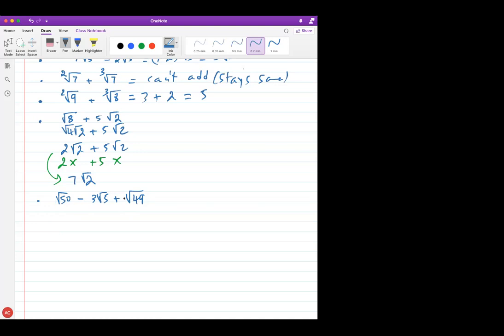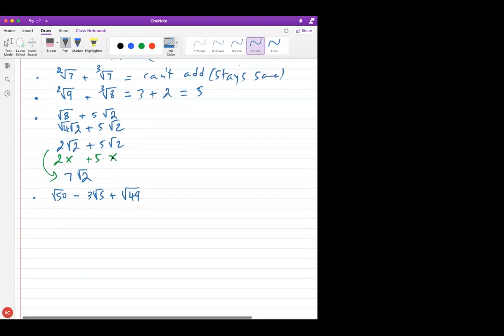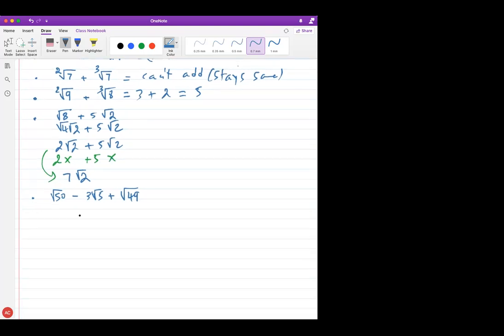As you can see here, we have 3 radicals. Can we combine them right away? No, we can't. We do have the same index, but the radicands are different. Again, it has to be the same thing here, just like when we combine like terms. But we can simplify each one of them and see if we can end up with similar radicals like these.